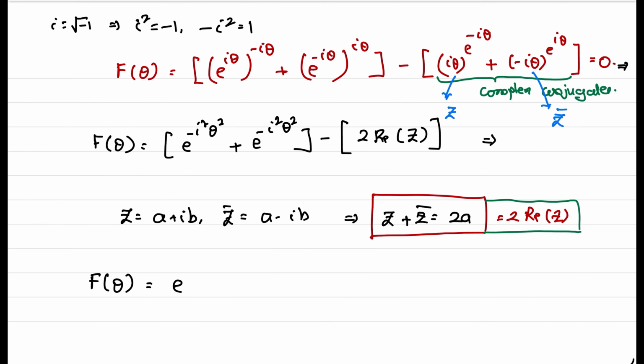Therefore, this becomes f(theta) is equal to e to the power of theta square plus e to the power of theta square. This is one value, minus 2 into the real value of (i theta) to the power of e to the power of minus i theta.